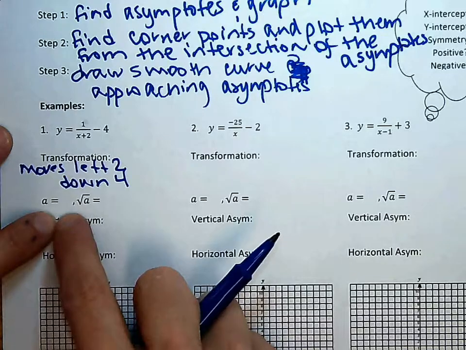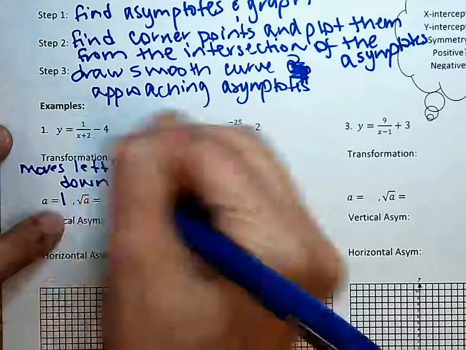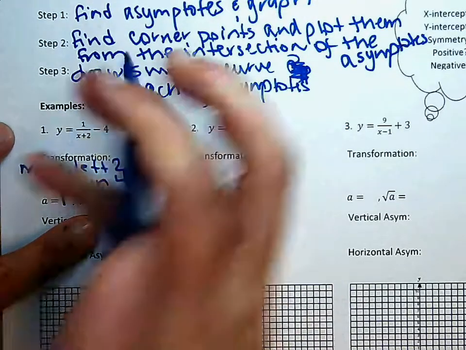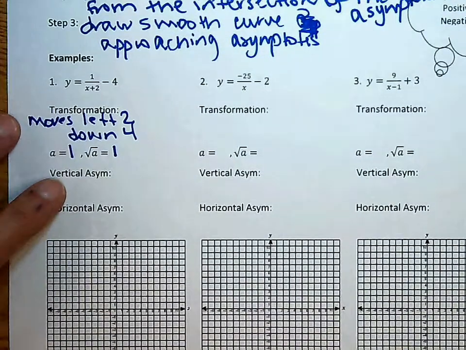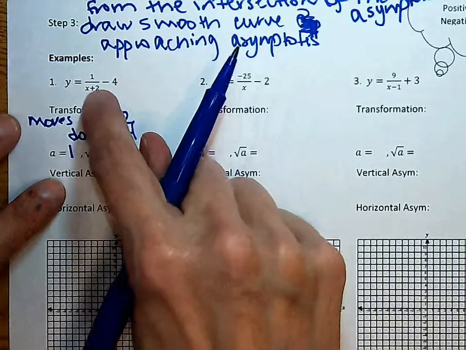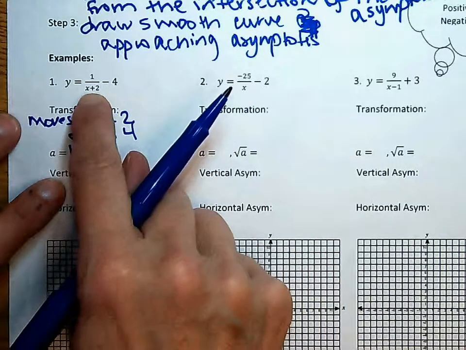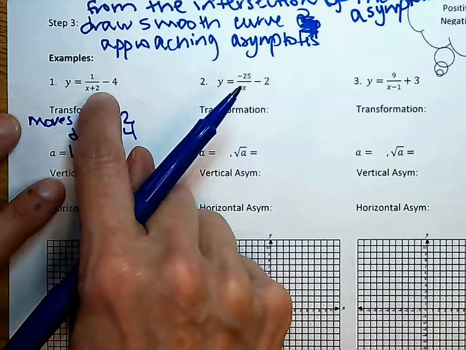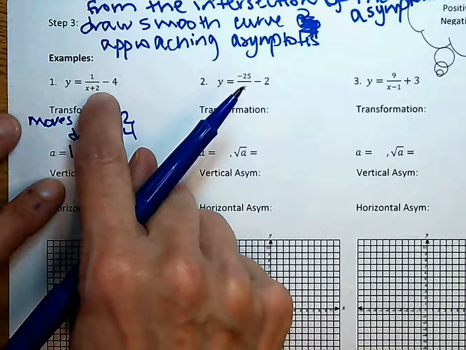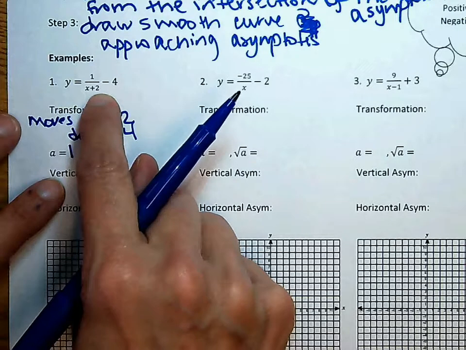Okay? So now with that, I guess we can go in order. What is my A value here? 1. So the square root of A is 1. The vertical asymptote you said to be what? 2. It's x equals negative 2.